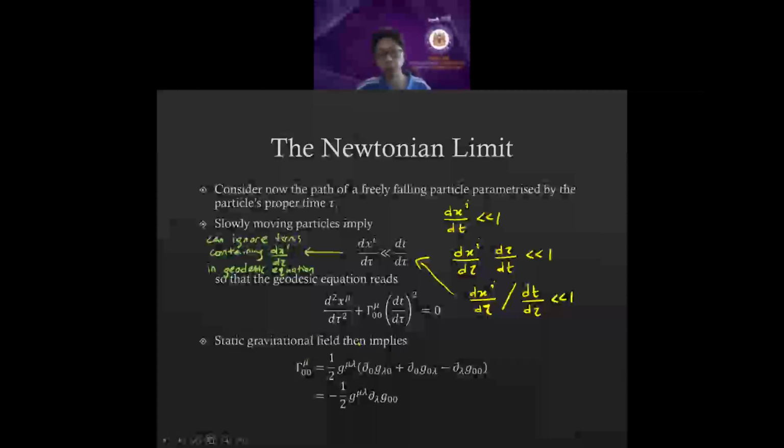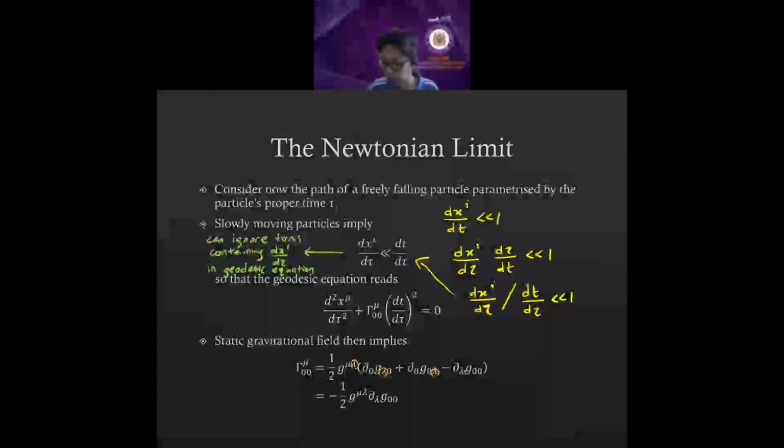The next thing that we're going to look at, if you refer to the equation that defines the Christoffel symbol, if you consider the 0 component, this is what we have. Where here I have used the Einstein summation convention. So take note of this.